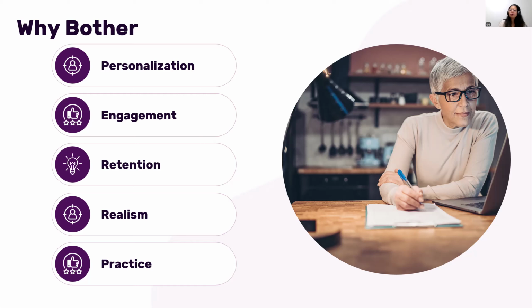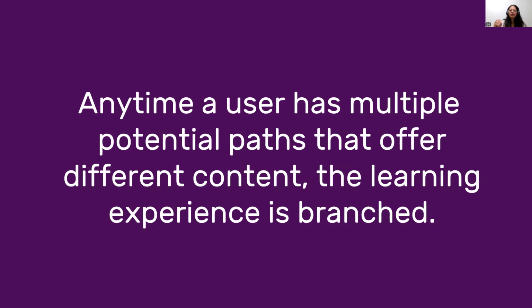But at the core of it, branching is simply that when a user has multiple potential paths that offer different content, that's branching. If I can take various ways through my learning module and have a branched experience, that is branching.